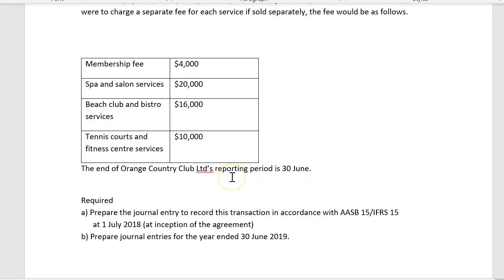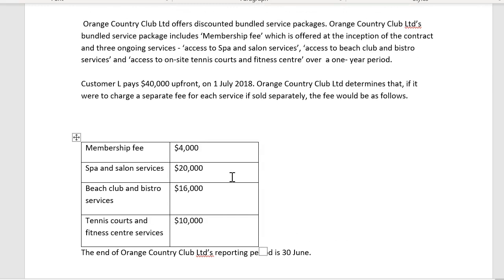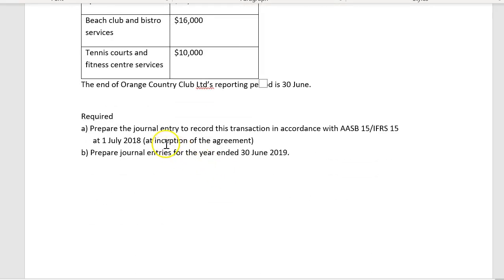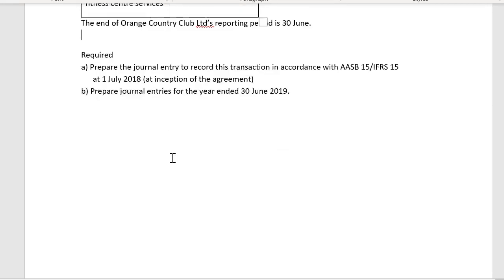The reporting period ends at 30th of June. Prepare the journal entry to record this transaction in accordance with AASB 15 at 1st of July 2018, at the inception of the agreement.